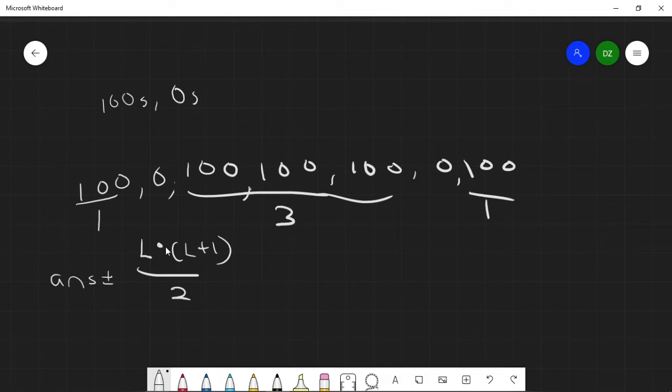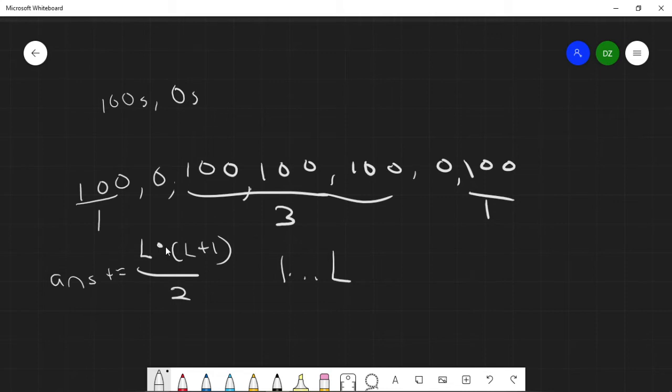If you don't know this form, it's not plus or minus, it's plus equals. And if you don't know this formula, this is the sum of consecutive numbers from 1 to L, or 1 to N. That's usually what it's used for.